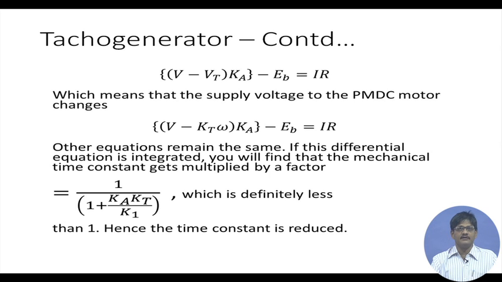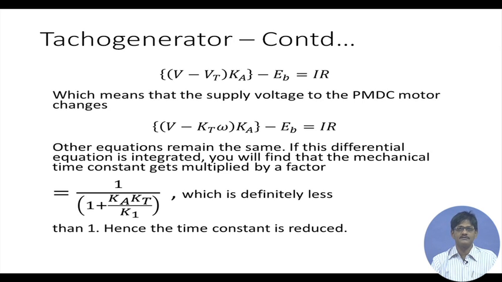So, just the input voltage term is modified, and therefore, we can process this equation in the same way as that equation. This particular algebra I am sure that you can follow once you have the notes of that previous lecture in front of you.